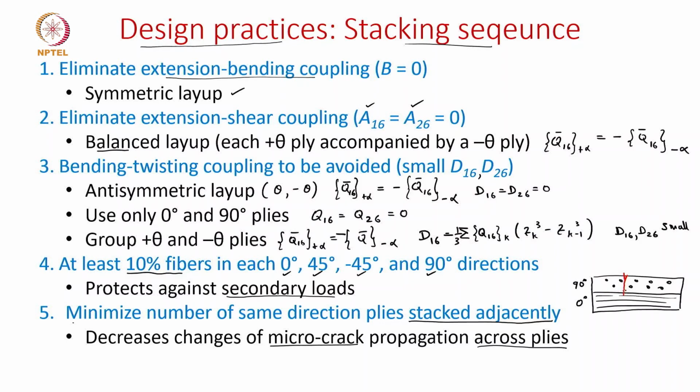Because we have changed the orientation from one layer to the other, the crack in the top layer cannot easily pass through into the bottom layer, since the fibers come in between the crack propagation. So this is exactly what we meant by the micro crack propagation across the plies being hindered. So it's always a bad idea to stack all the same orientation plies close to each other.